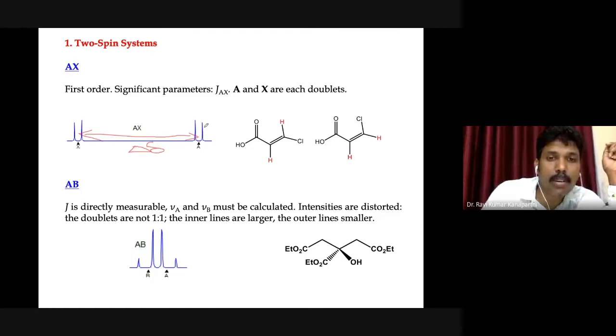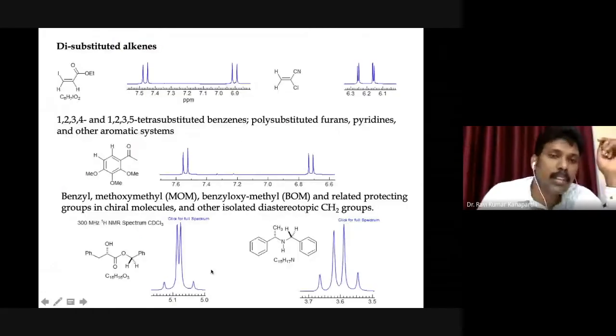These are called outer lines. The outer line intensity goes down while the inner line intensity goes up. This is exactly what happens, and then it will turn into this type of spectrum. So these are the two examples of a compound, and likewise we have.